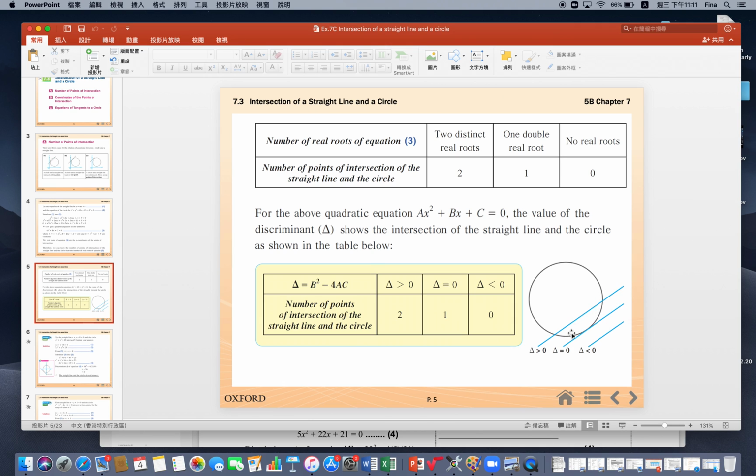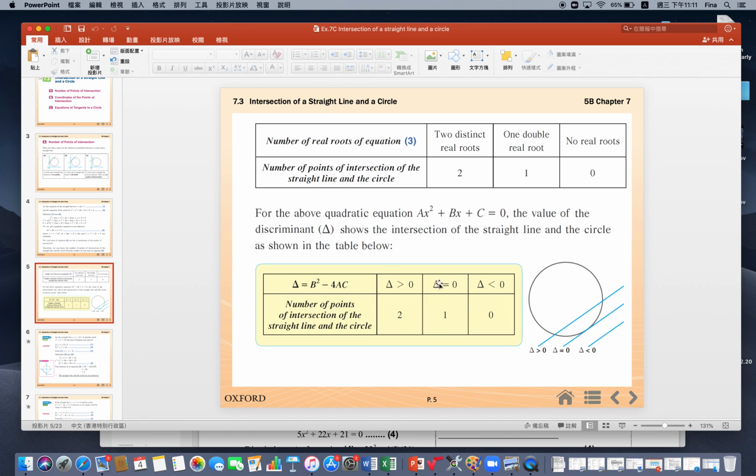And this is quite similar to the discussion we had for the discriminant delta. For the delta of a quadratic equation, if it is greater than 0, there are 2 intersecting points, similar to 2 distinct real roots.